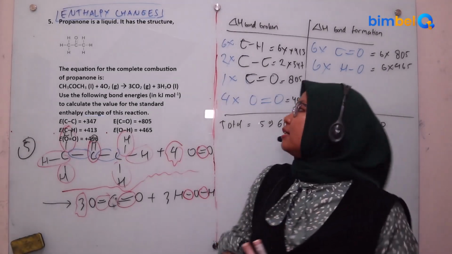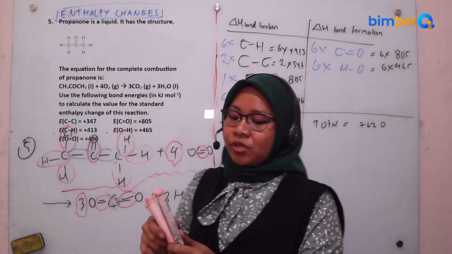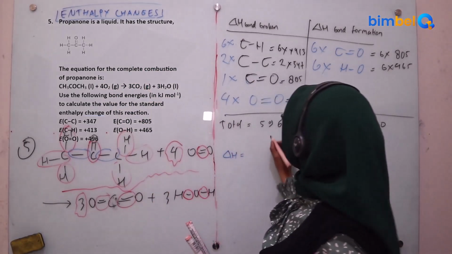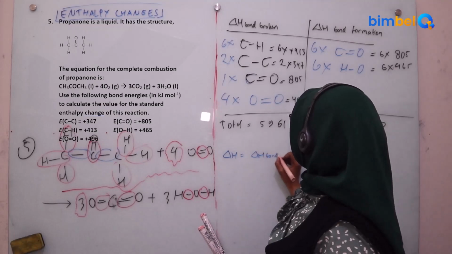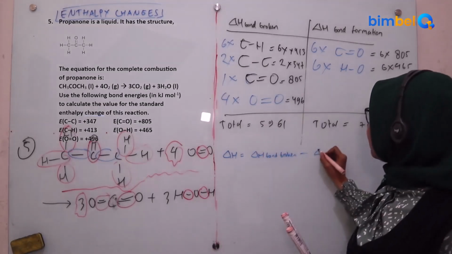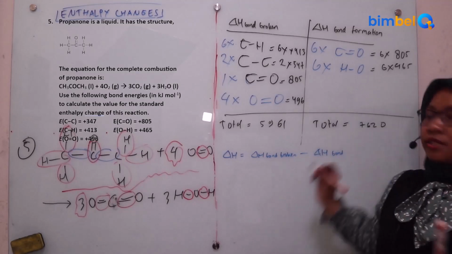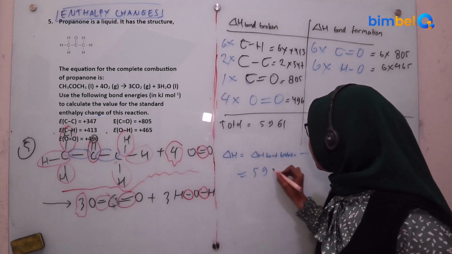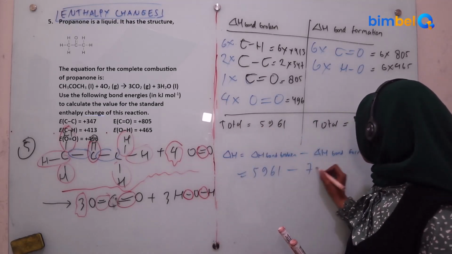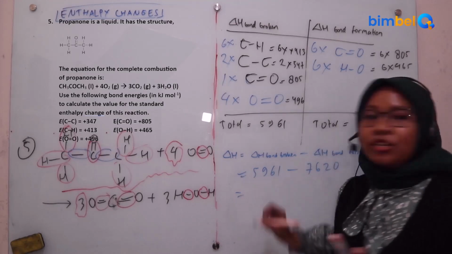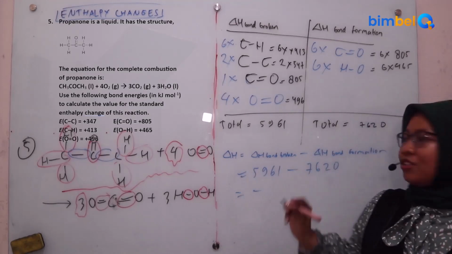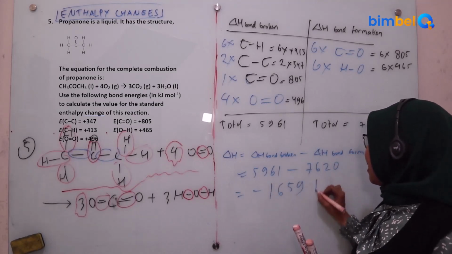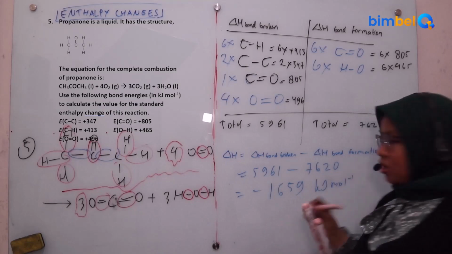Okay, so for calculating the enthalpy change, we can use the same formula. Delta H equals delta H for bond broken minus delta H for bond formation. We just substitute the numbers: 5961 minus 7620 equals negative, don't forget because it's negative, 1659, and the unit is kilojoule per mole.